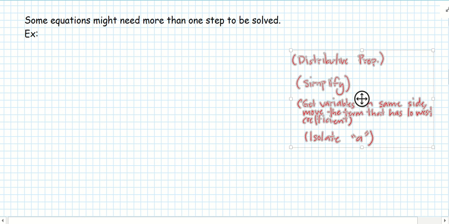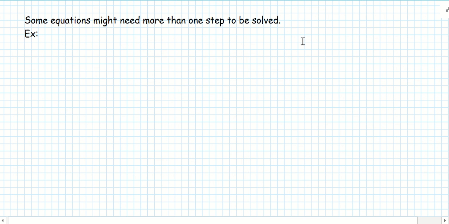For some reason I thought that space would have been enough for the two problems, but I guess it wasn't. I guess I've been writing too big on the screen. But let's work on the next problem.